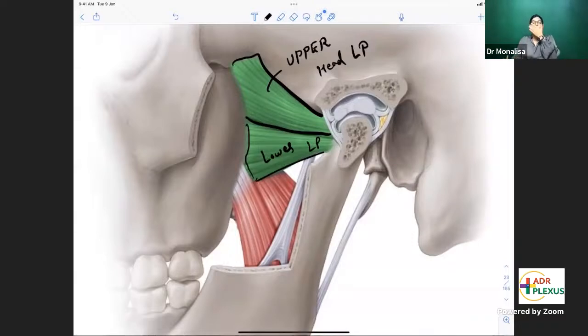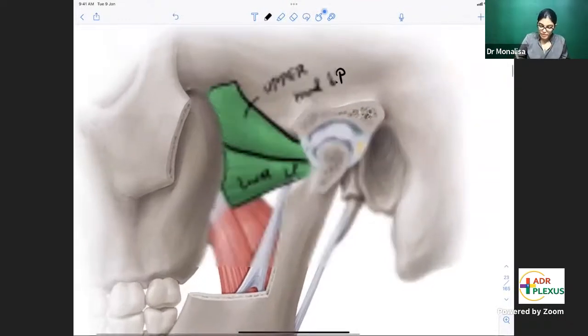If I talk about origin of lateral pterygoid muscle, the upper or superior head originates from infratemporal surface of sphenoid bone. And the lower or inferior head originates from the lateral aspect of lateral pterygoid plate. So please write down.